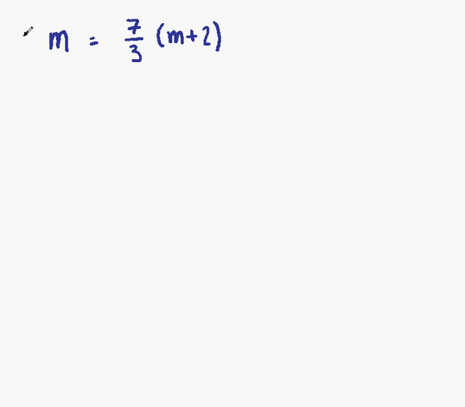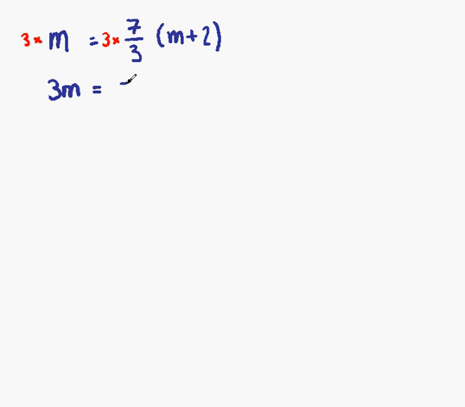That gives us 3 times m on this side and 3 times the right hand side. 3 times m gives us 3m, and on this side when we multiply by 3, all that happens is the bottom part of the fraction disappears.